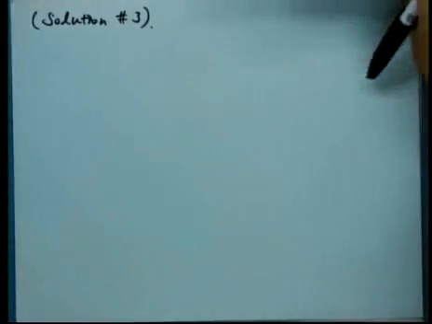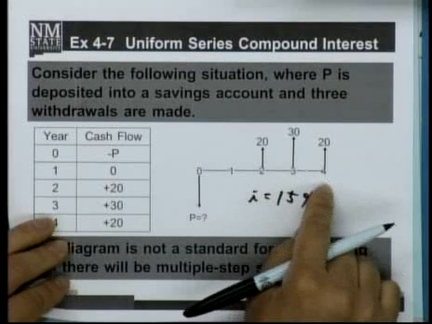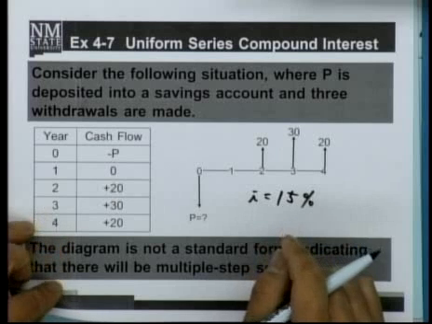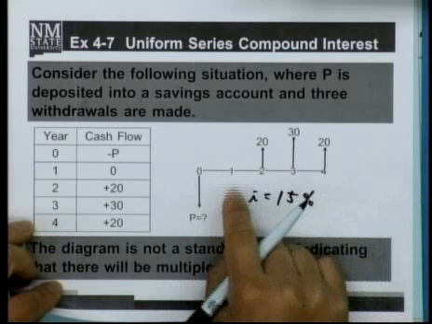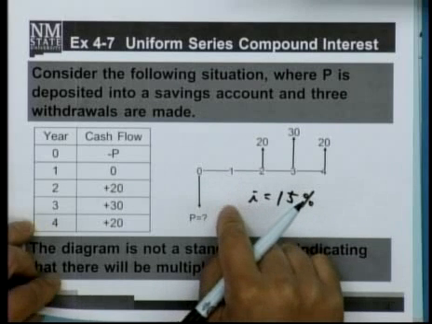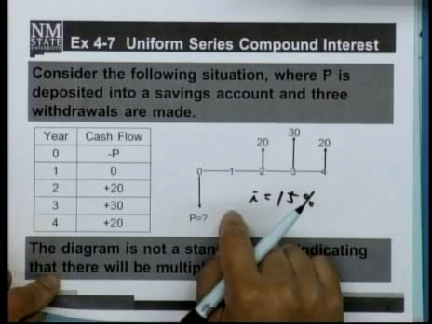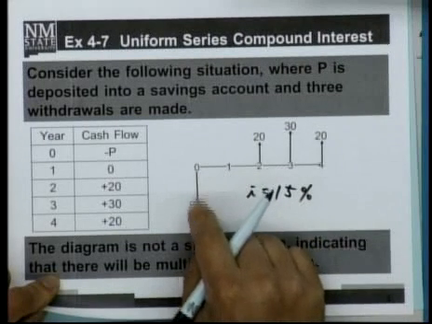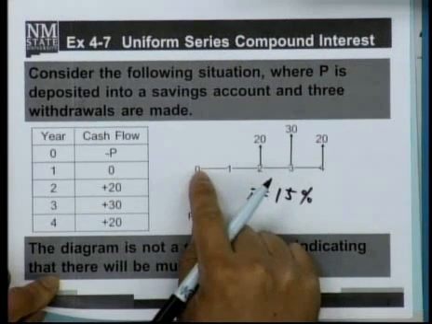In the third approach, all 3 deposited values are converted to a single value P1 at the end of period 1. And then this value P1 is converted again to the present value of P at the end of period 0. Okay?